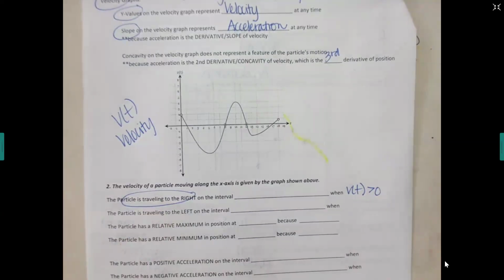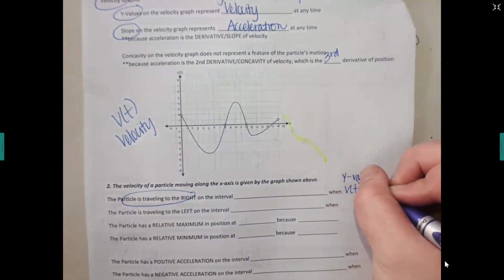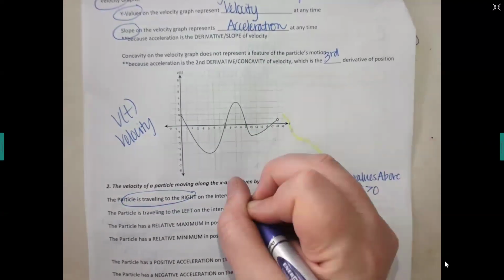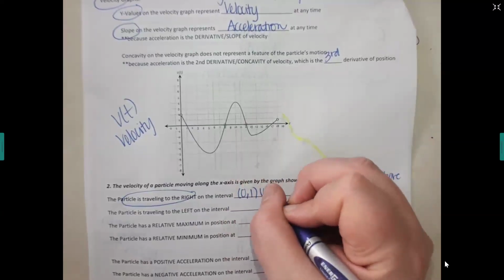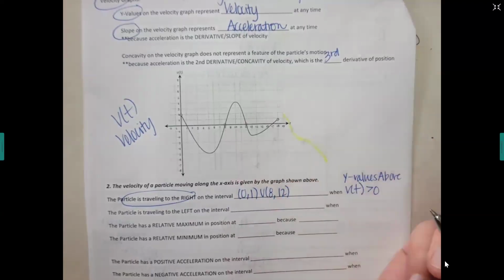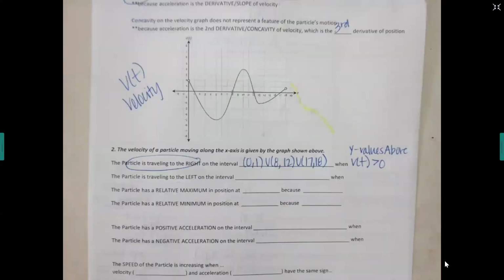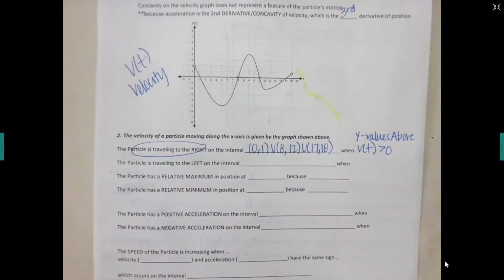So looking on your graph, what sections are above the x-axis? 0 to 1, 8 to 12. And then one more. 17 to 18. So 0 to 1, 8 to 12, and 17 to 18.